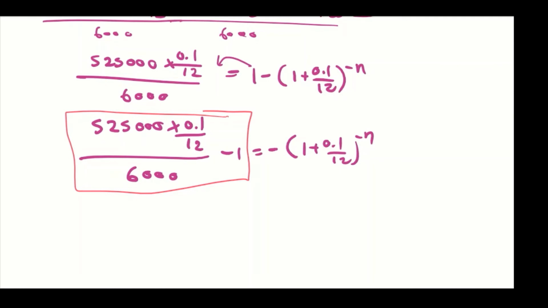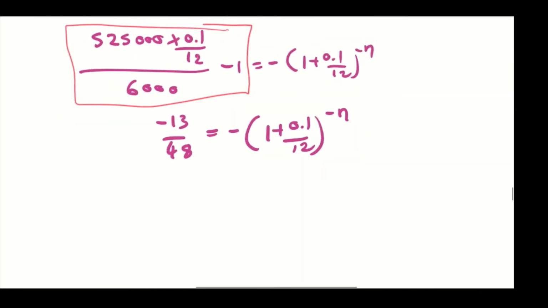So you're going to get minus 13 over 48. So let me write it properly. So it's minus 13 over 48 equals minus 1 plus 0.1 over 12 to the power of negative n. Because it's negative, the negative will go away. You will remain with 13 over 48 equals 1 plus 0.1 over 12 to the power of minus n.